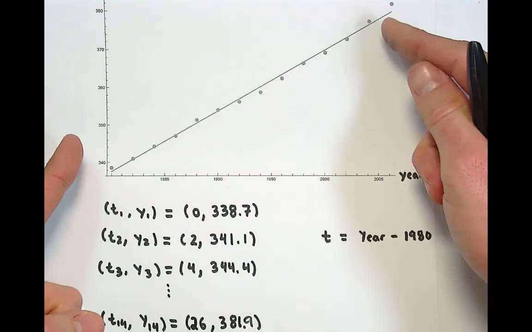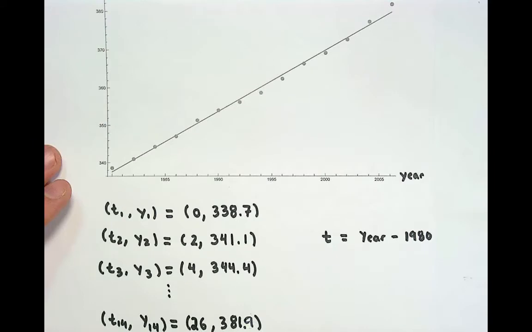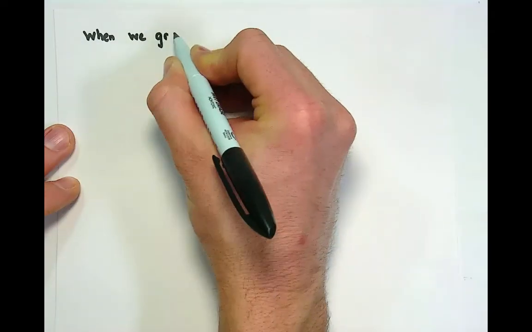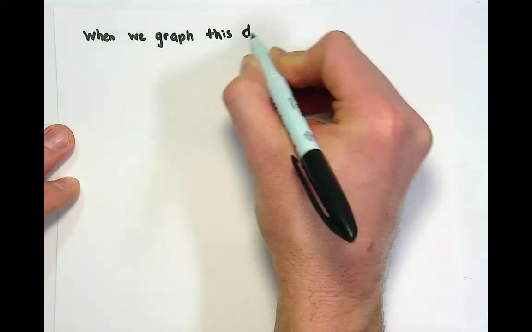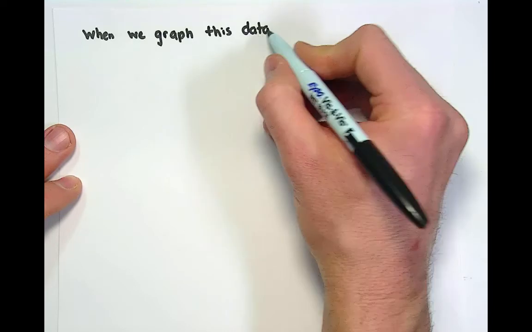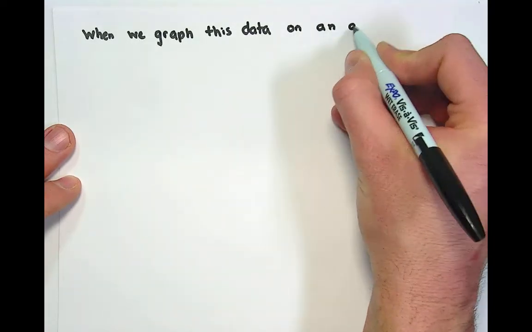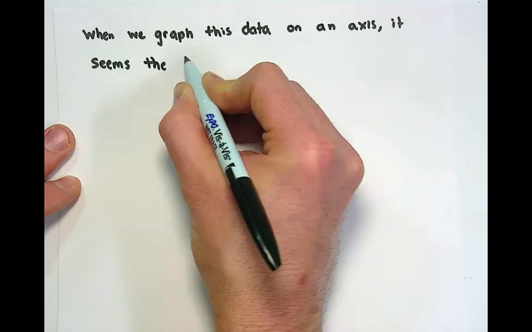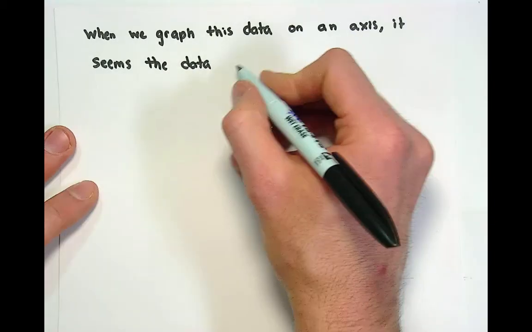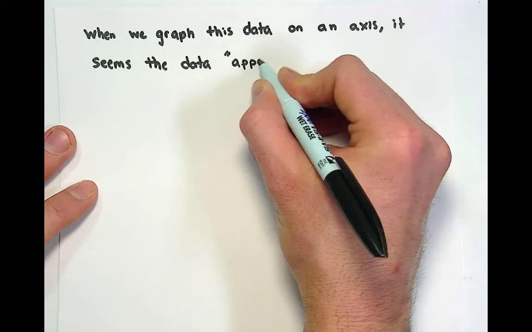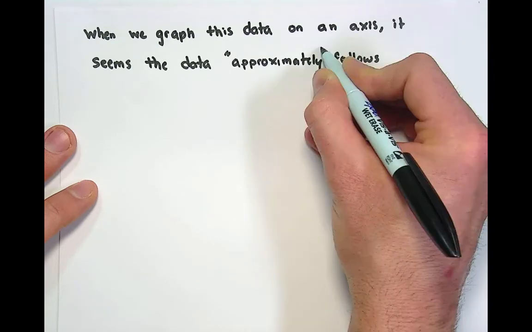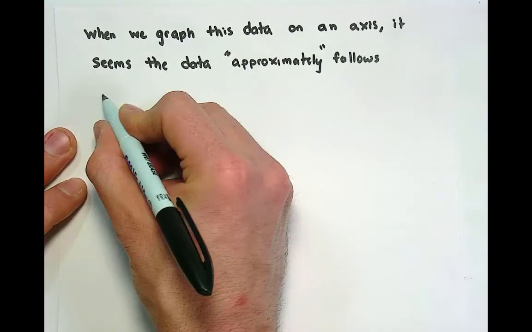But locally, it does look like a linear thing, which means that we might assume when we graph this data on an axis, it seems the data approximately follows a linear model.